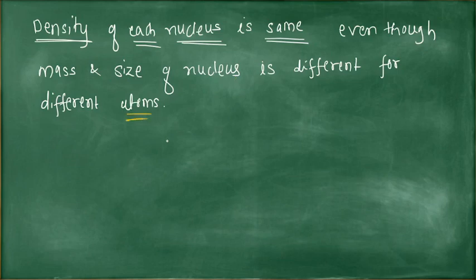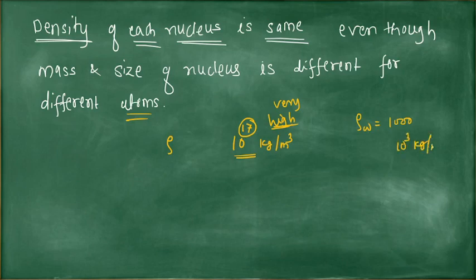And the order of magnitude of density is 10 raised to 17 kilogram per meter cube. Very high, the highest. Now water density is 1000, means 10 raised to 3 kilogram per meter cube. But density of nucleus, this is a very hard, very massive material.